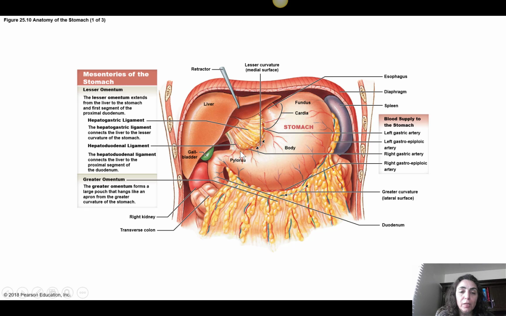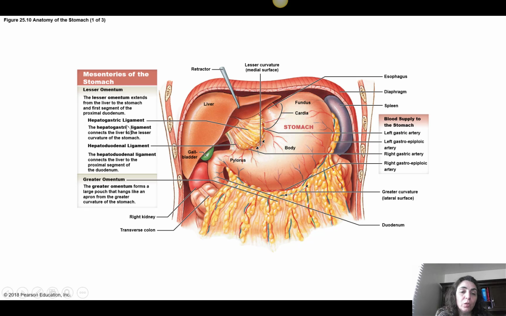Now regarding the lesser omentum that we have here, we can divide it into two parts. As you see, one part is between the liver and the stomach. One part is between the liver and the beginning of the duodenum.